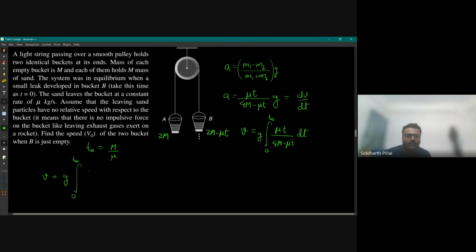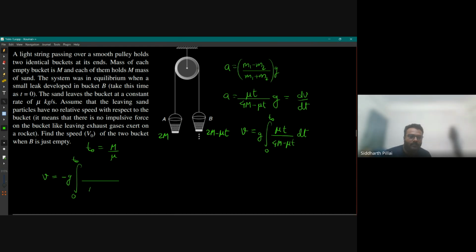I'm going to write it as minus g, right? Denominator, I'll write as mu t minus 4m. Numerator, I'll write as mu t minus 4m plus 4m, into dt.